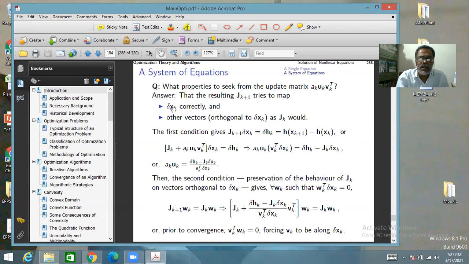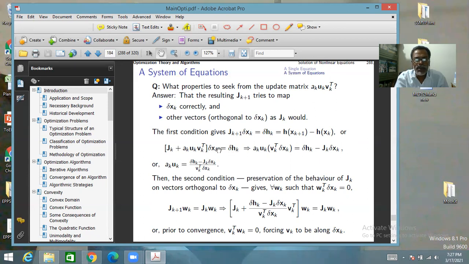So first condition, Jk plus 1 delta xk is correctly delta hk. Okay. So when you say that, basically you get this. This is the form of the update. Jk plus 1 times delta xk is this.